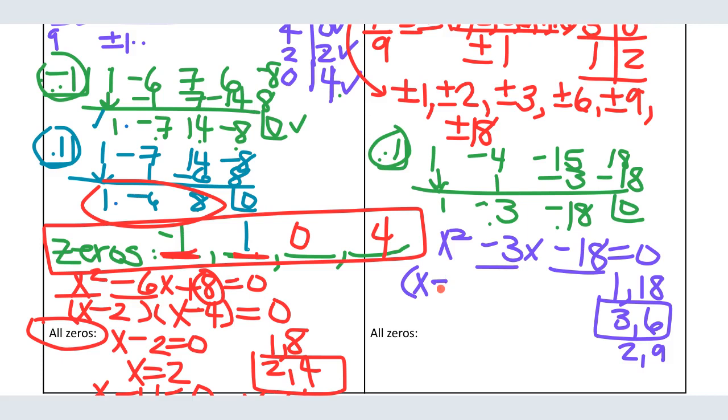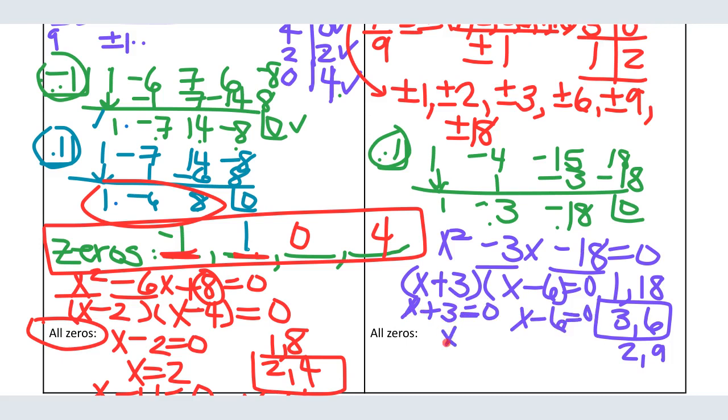So we have positive 3 and negative 6. Set each factor equal to 0. So x equals negative 3 after subtracting 3 on both sides. And x equals positive 6, adding 6 to both sides.